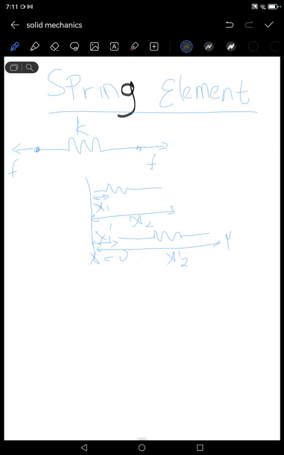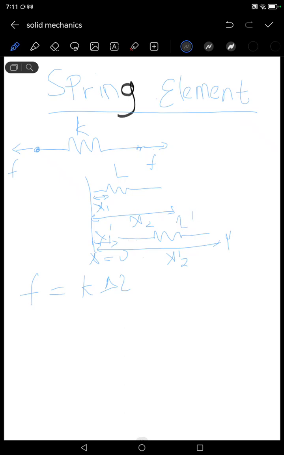So we all know the formula of the spring force: F equals K multiplied by length. Here our length is going to be the distance between x1 and x2, and x1 prime and x2 prime. Let's say this one is our length L, and the second one is going to be our L prime.